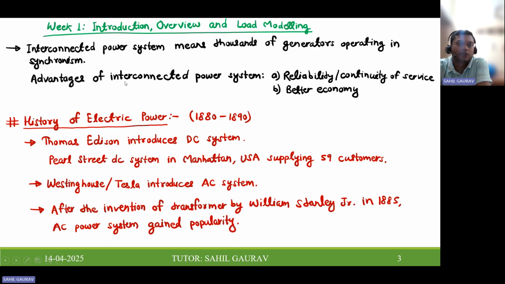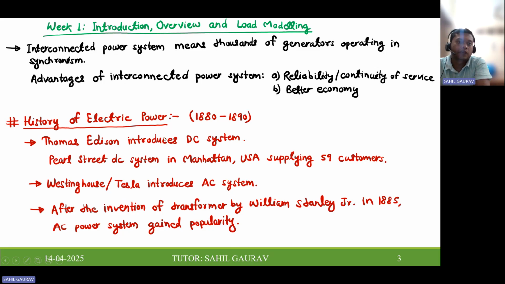Beginning with the first part, where we have seen introduction, overview, and load modeling. We know about interconnected power systems. Now we have one nation, one grid, one frequency, and its advantages are reliability and better economy.